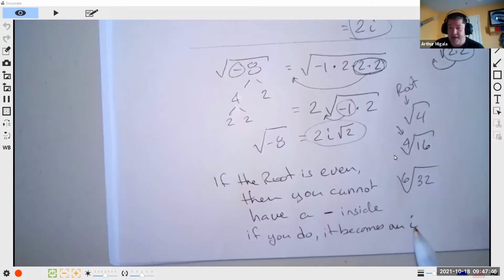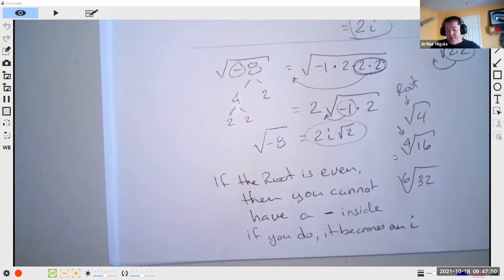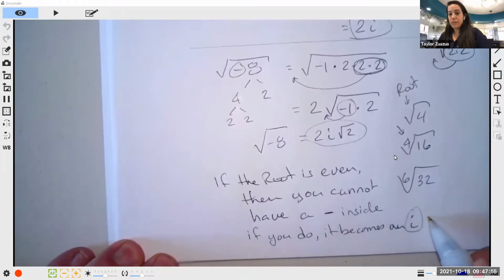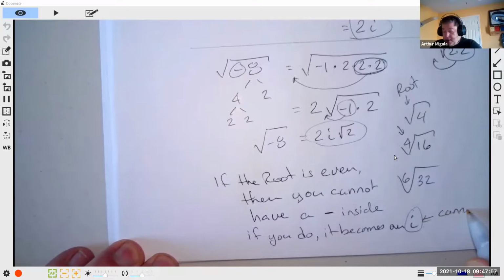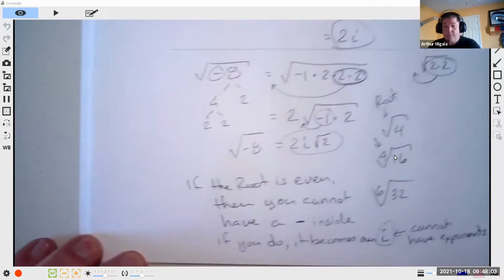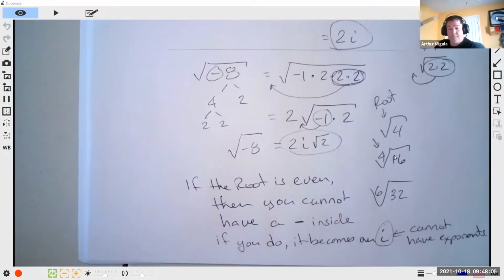And the size of the i will matter later on, because with i's, one of the rules is i's cannot have exponents. We're going to talk about that at the end of this section, on how to get rid of all the exponents on i.